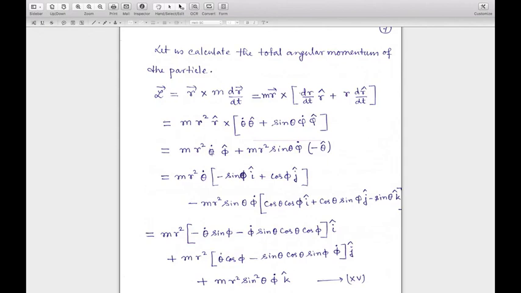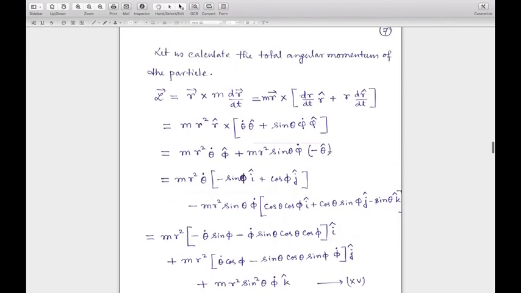Okay, so r cap cross theta cap will be plus phi cap, and r cap cross phi cap will be minus theta cap, because phi cap cross r cap is theta cap. So if we obey this relation, then we can easily write m r square theta dot times phi cap plus m r square sine theta phi dot times minus theta cap.